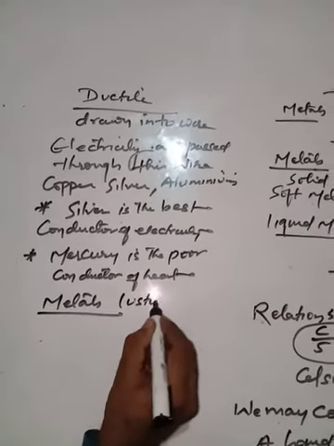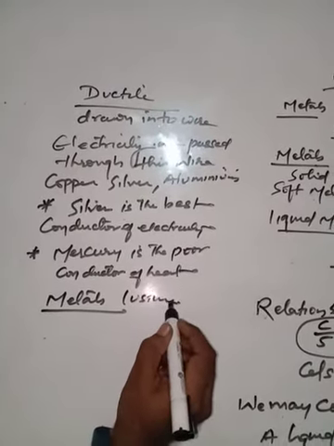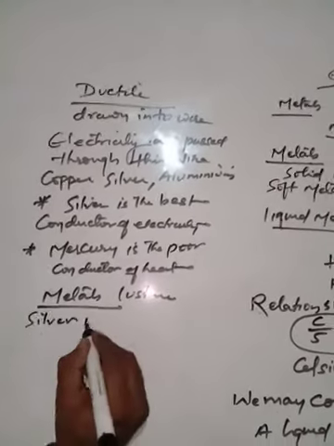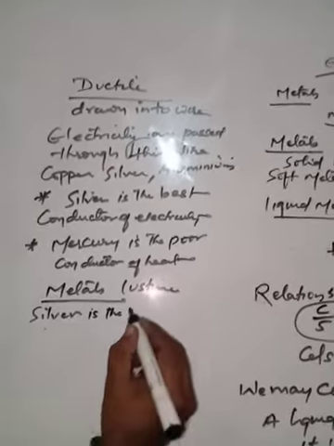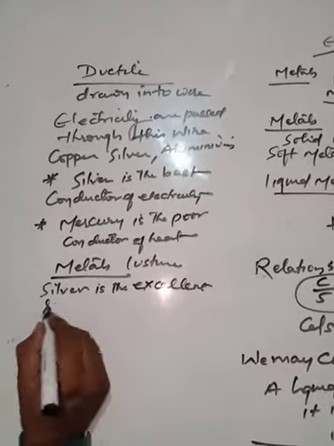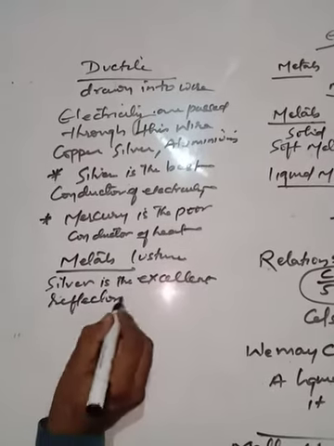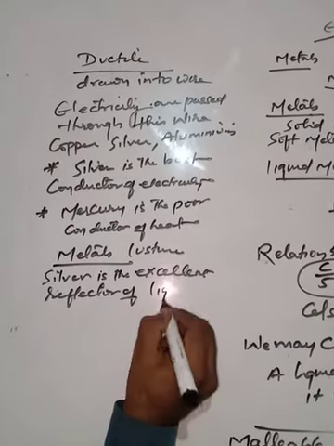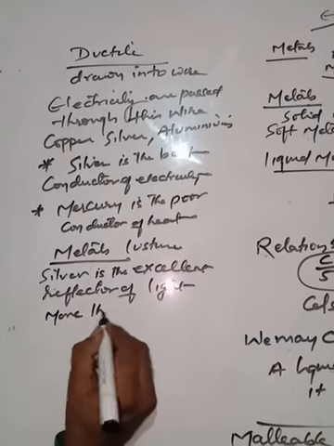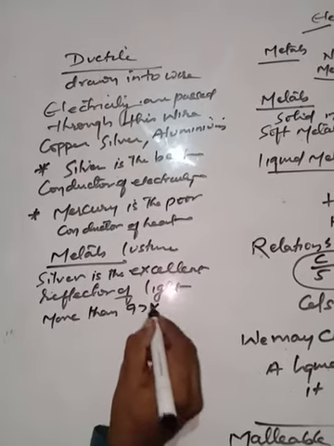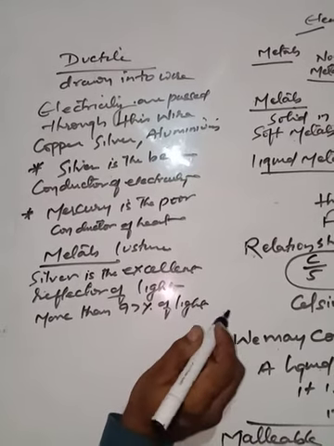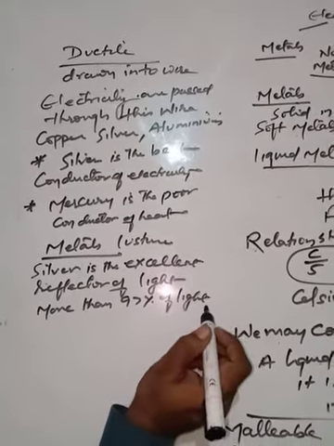Luster means shine, they are good reflectors. Again a question may be asked: silver is the best, or we can say an excellent, reflector of light, because it reflects more than 97% of light.